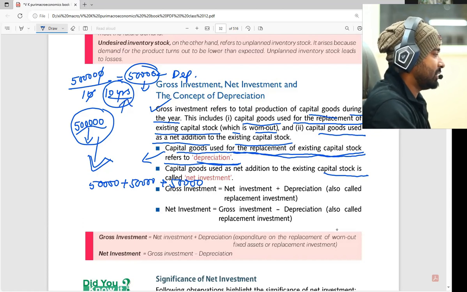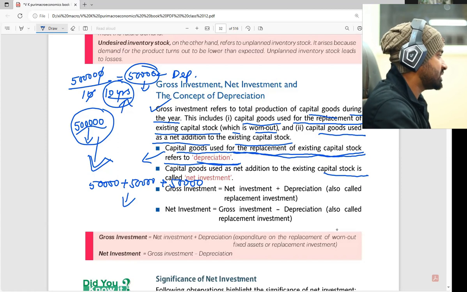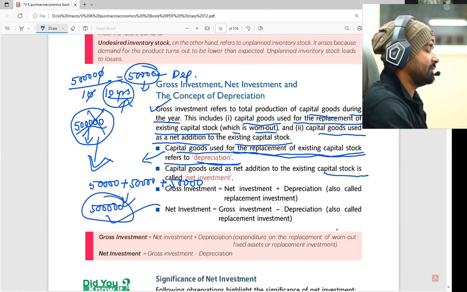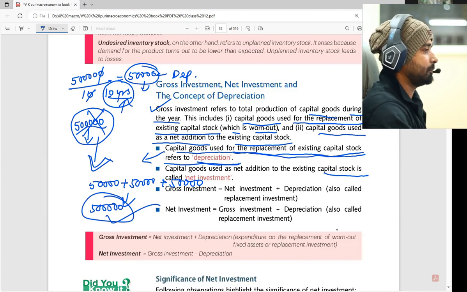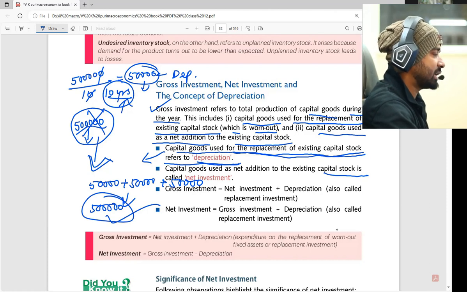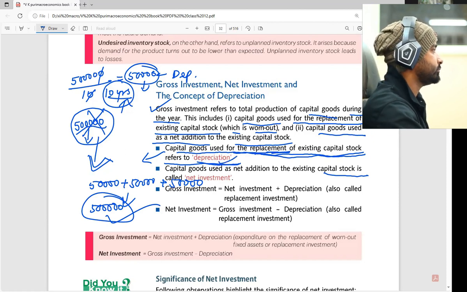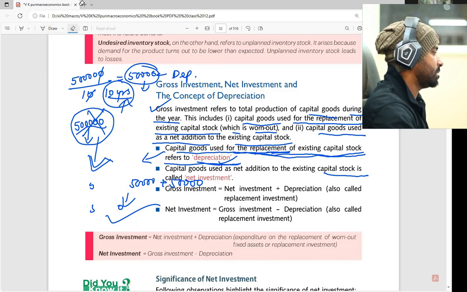So when the 10 years are completed, the old machine is condemned, and I have 5 lakh rupees in my hand. I can use this 5 lakh rupees to purchase another machine. This is actually known as being used for replacement. So the amount replacing the old one in the existing capital stock refers to depreciation. I hope it is clear, right?